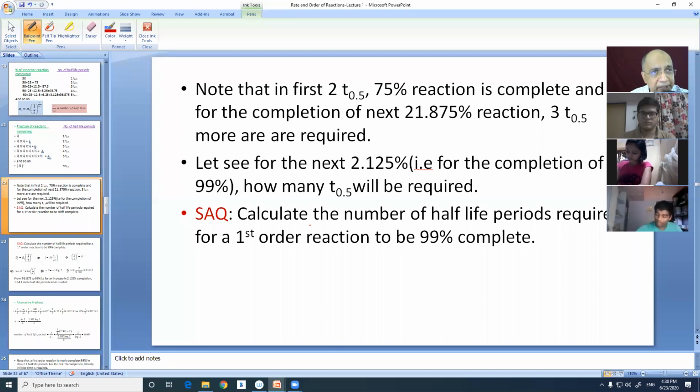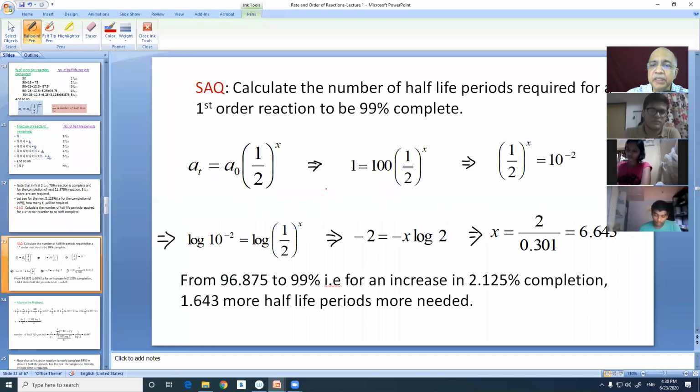99% we had done in the class, but 99.9 and 99.99, I gave you just for fun to work with some logarithm and find out, is it approximately 10 and 13 respectively. Not exactly that. So many of you have done, I'm happy about it.